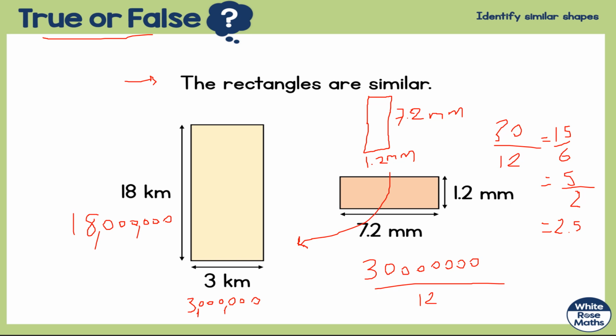So my scale factor from the small rectangle to the big rectangle is 250,000. I can also write it in standard form as 2.5 times 10 to the 5. Either answer would suffice.